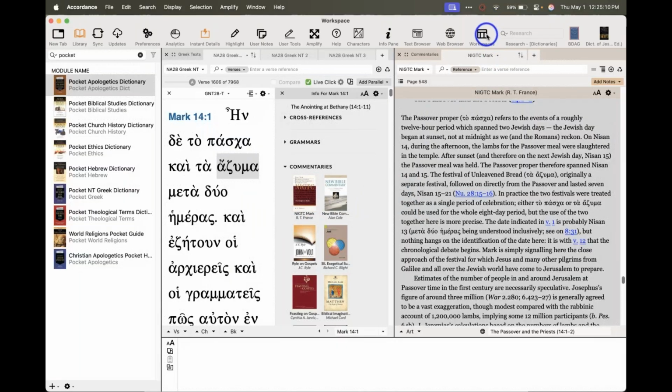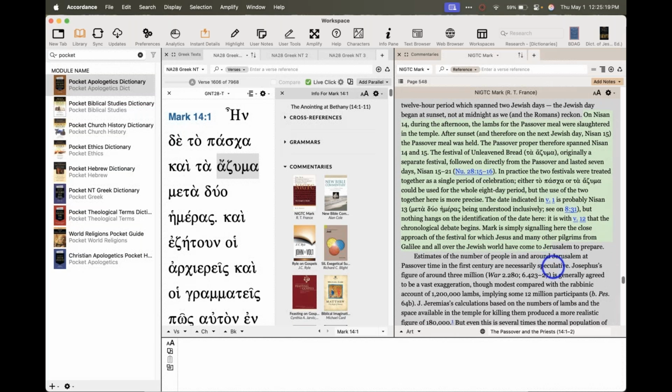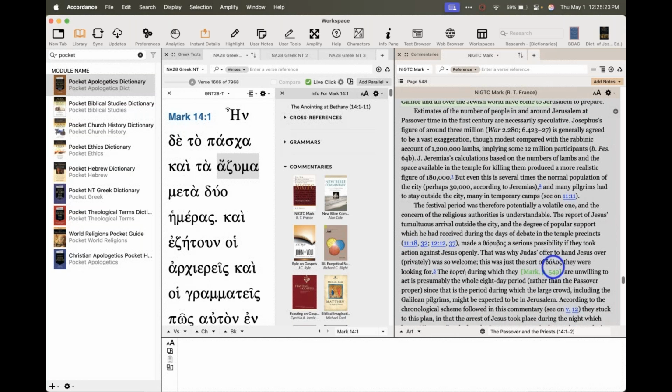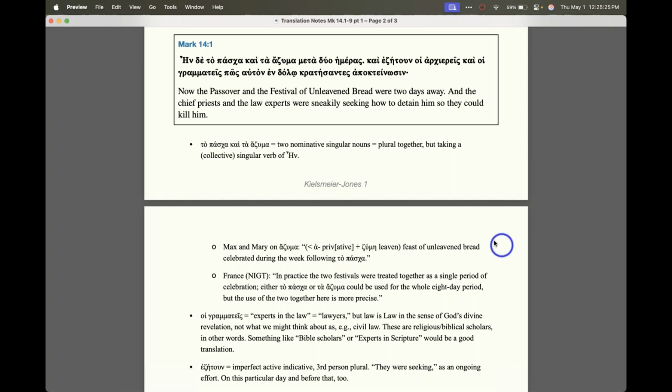Yeah, and I think in what I looked at, here we go. Here's France saying the same thing. France does a pretty good job, I think, with treating this in a detailed yet concise way. It may be in your other commentaries as well. Great, thank you for those comments.